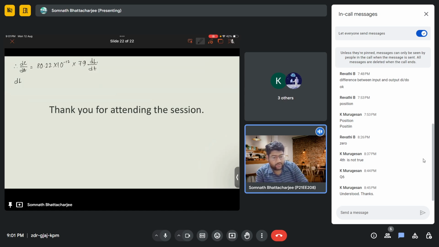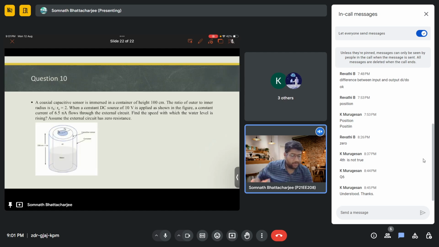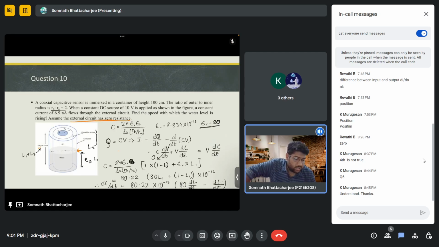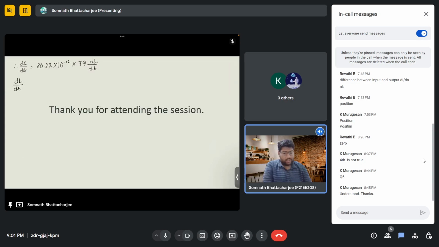The change in water level is dl1 by dt. Let's just go towards that previous page. As we have measured this, the L1 as the change in the water level. So we need to know the change in L1 with respect to time, that is the dl1 by dt. So we need to know this.